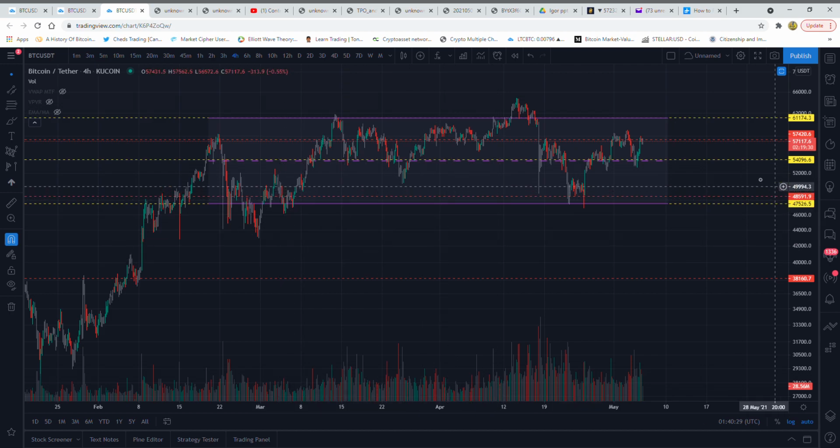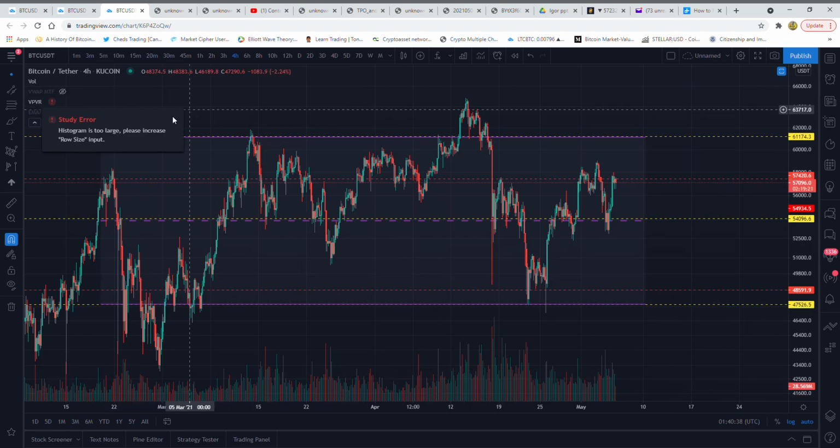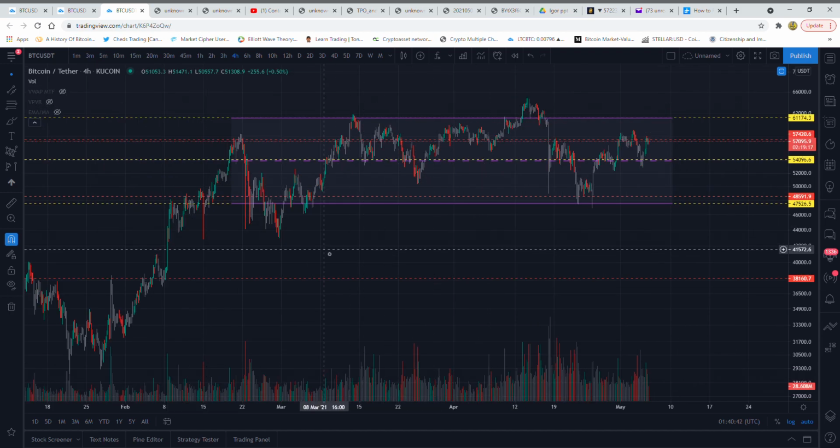So let's put the VPVR. This tool, you find it, if they let me. No, I can use it. You know, I'm going to turn it off because it's useless. We have other alternatives. So if you want to find the price range that you have here, what you need to do, you go in your toolbox and you go second, third, fourth, fifth, sixth, seventh.